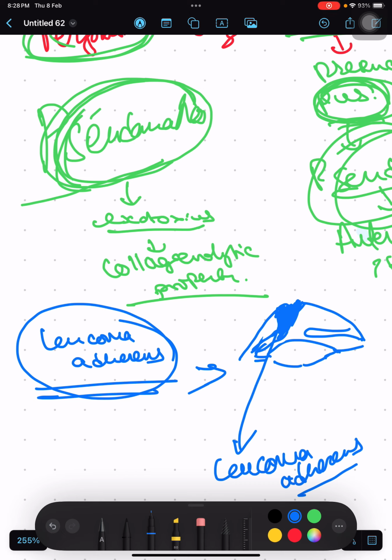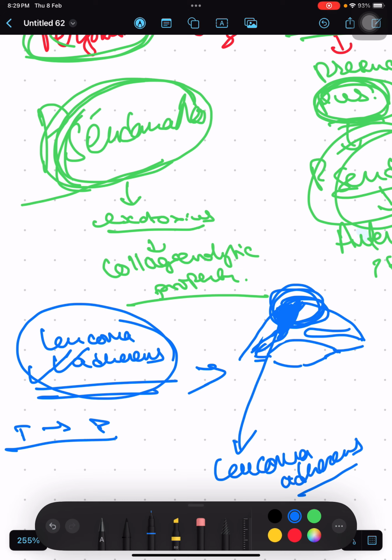So what is written is that thinning causes perforation. That is true. It will not remain open as it is, and iris will seal this perforation, and it is termed as leukoma adherens.